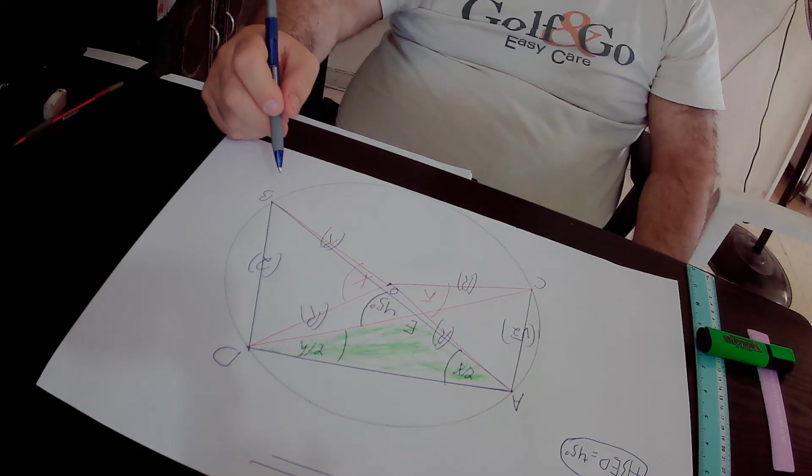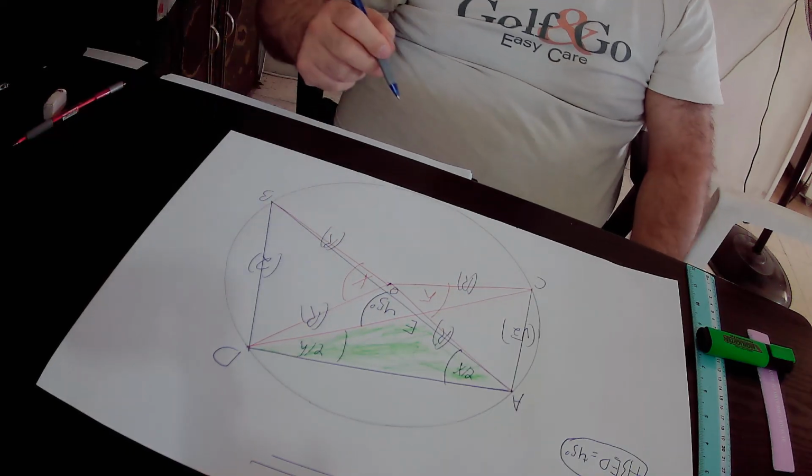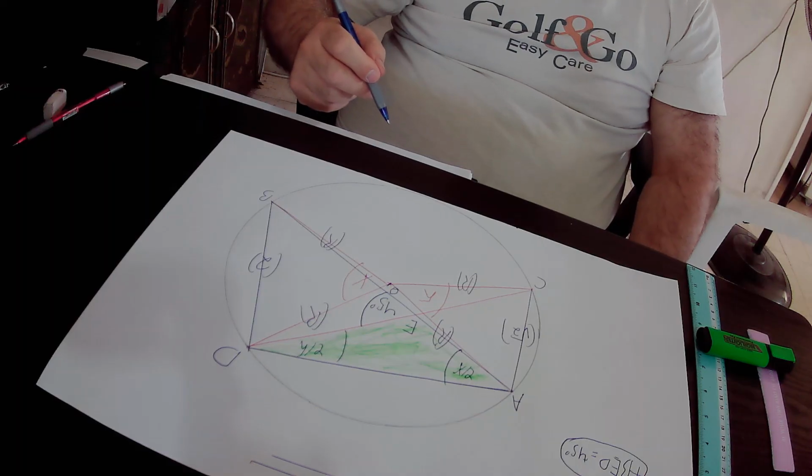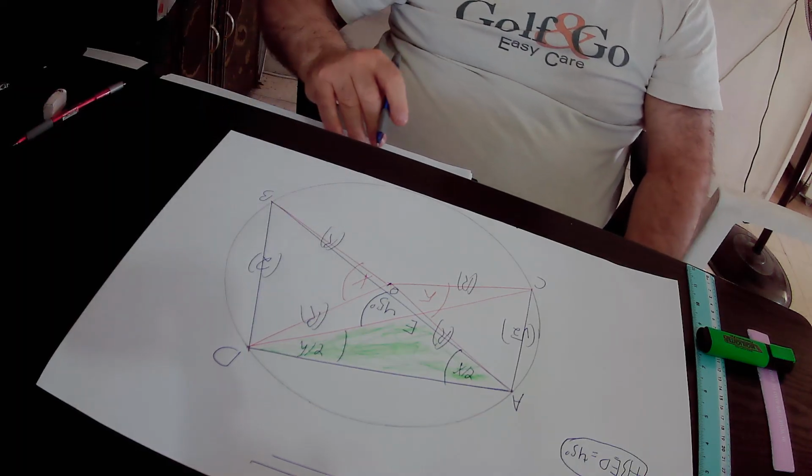So in the next step, I'll copy the right triangle BOD in the new page, and we'll implement the law of cosines in this triangle BOD.